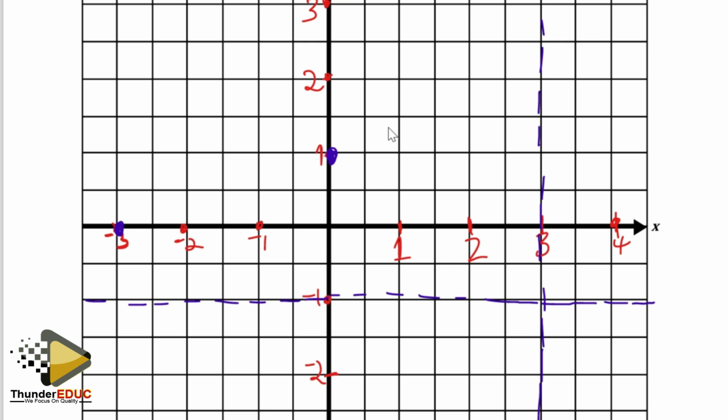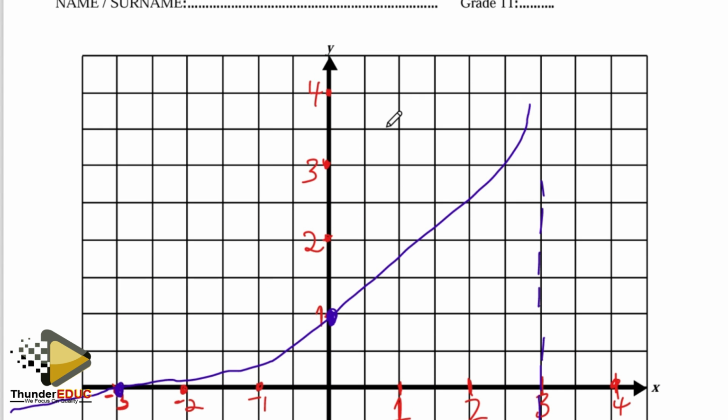So which means our graph must be moving in this. Let me just have this. Must pass there and then continue in that sort of direction. Remember, it should be just a smooth graph. Must be a smooth graph that is not cutting the asymptotes.